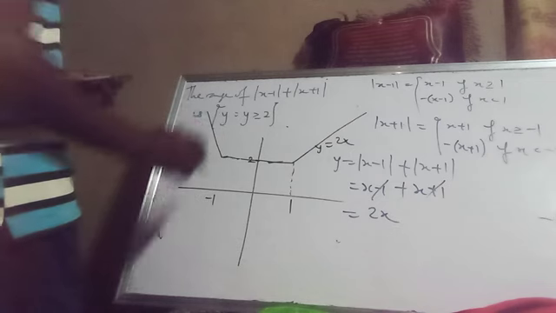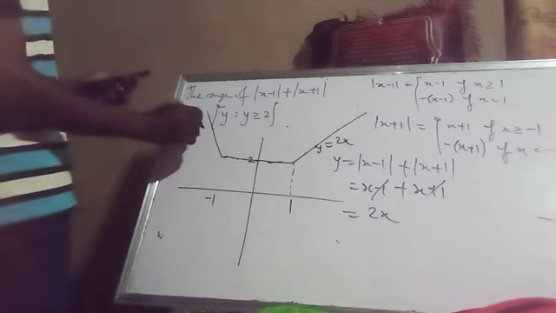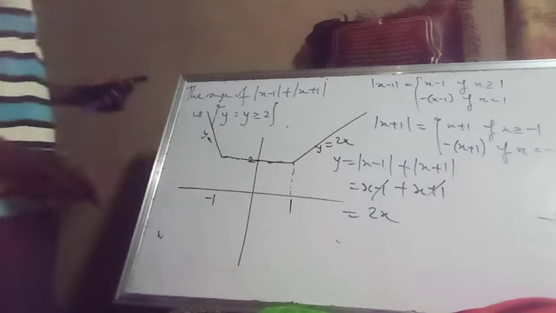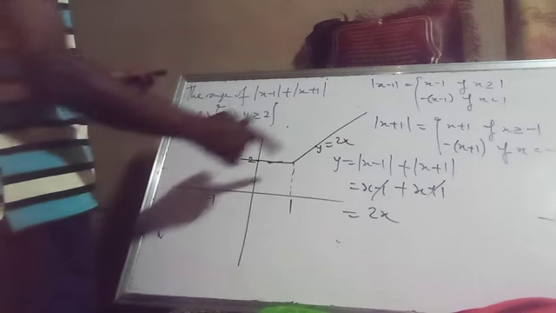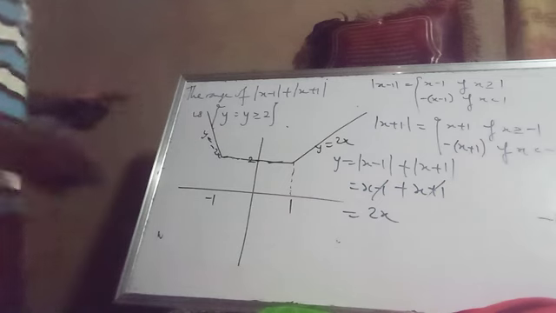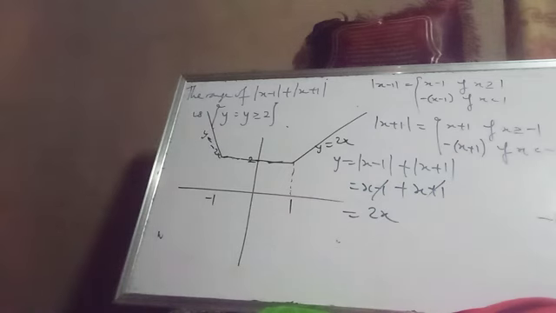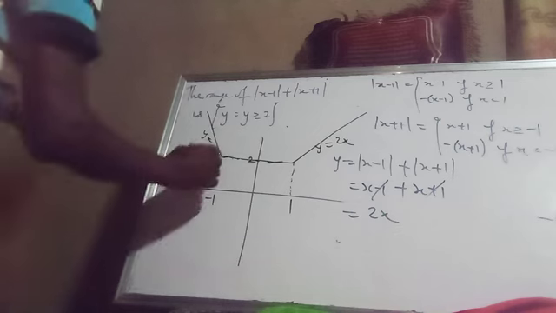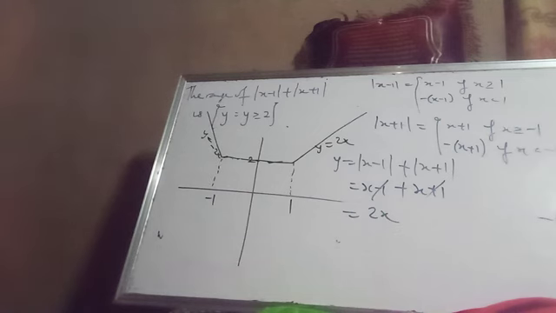This one, y is equal to what do you have there? Minus 2x. Is that what we have for the second one? Yes, y equals minus 2x. I think that's correct, because that one is negative, this one is positive.